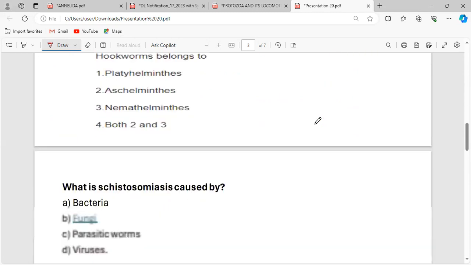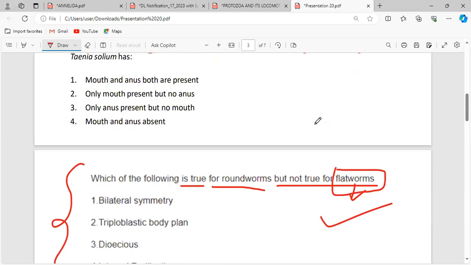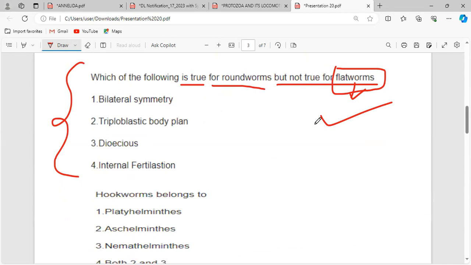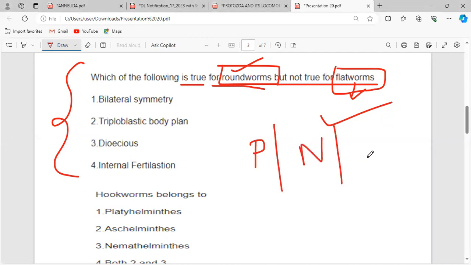Quick, I have to explain all the questions. Platyhelminthes. What is the name of the phylum which is placed under the roundworms? Ascaris is placed under which phylum?